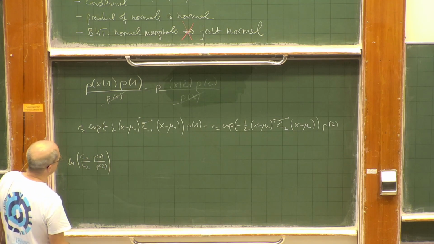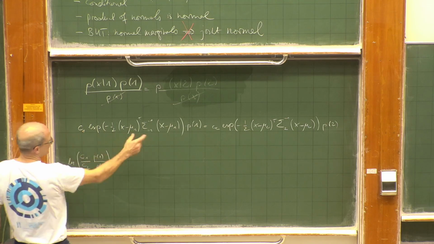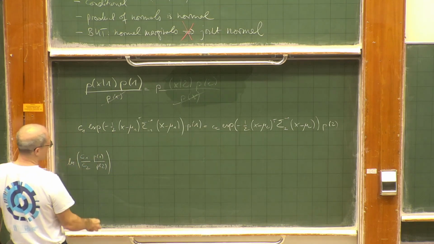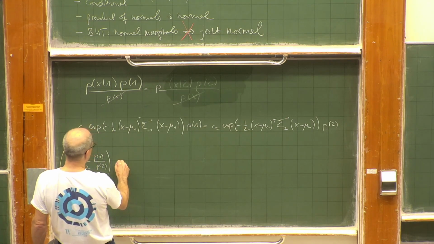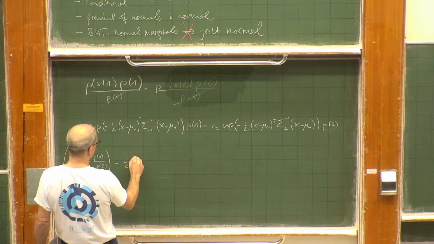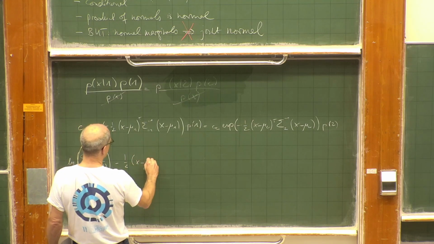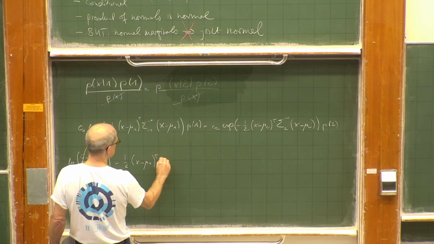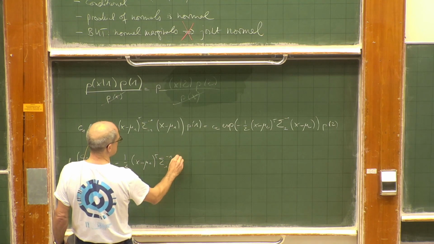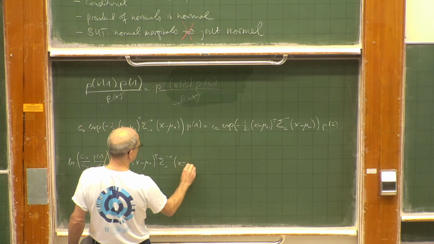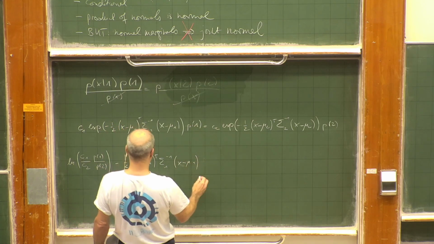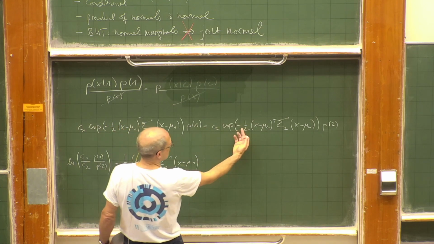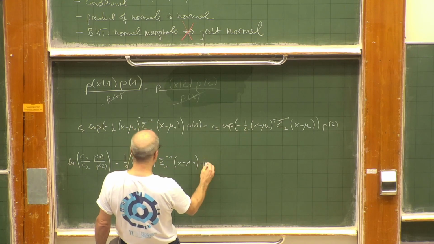And if I do take the logarithm of this product, this will turn into a sum. So here I can write minus 1/2 x minus mu1, and then there's a minus here, it comes over with a plus.